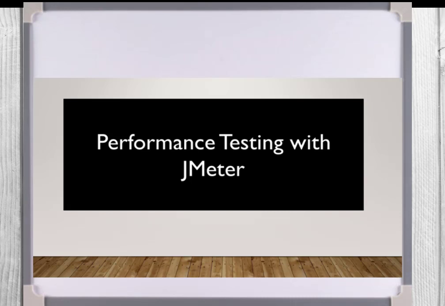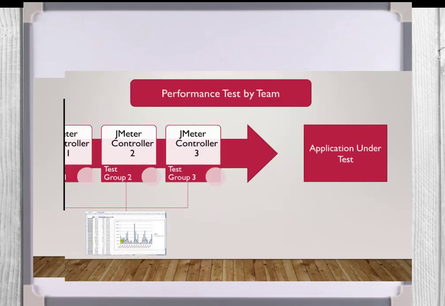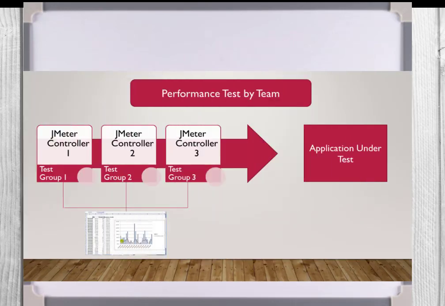Some of the listeners produce report output that can be written to files, which can then be collected and loaded into Excel sheets for creating graphs. This approach worked and kept the team involved in the test execution and analysis. Here's a diagram that depicts the process.